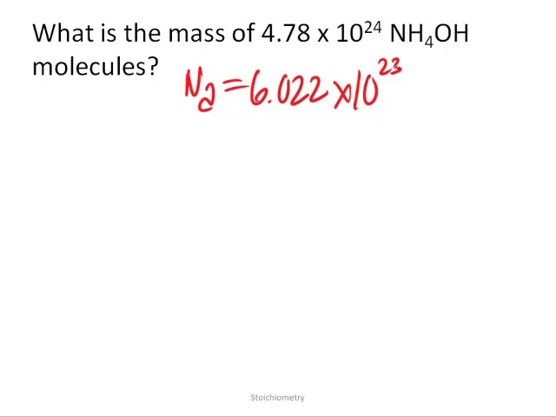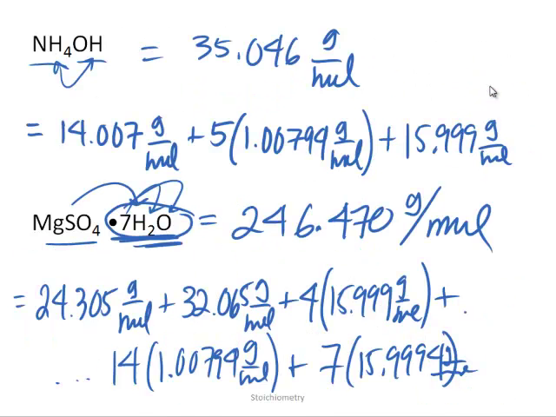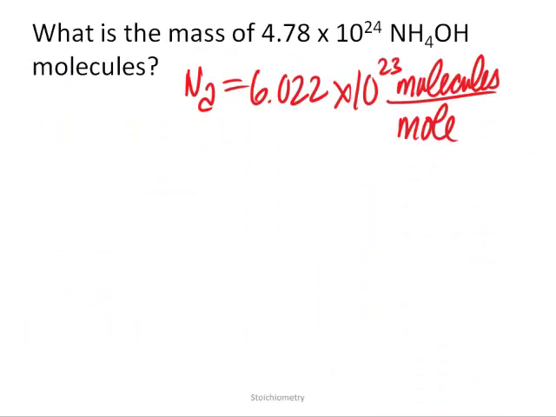And because it's a collection term, we know that they don't always have to be atoms, they could be molecules. Now ammonium hydroxide is an ionic compound, so really we should say that it is formula units, but it's definitely particles.